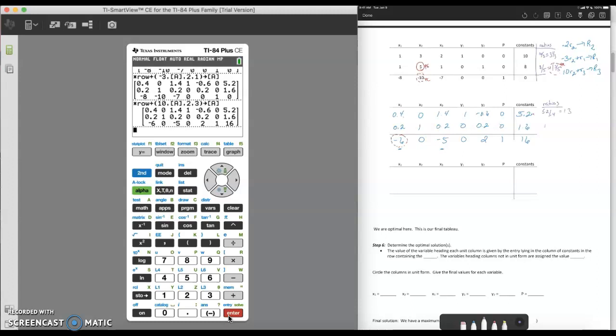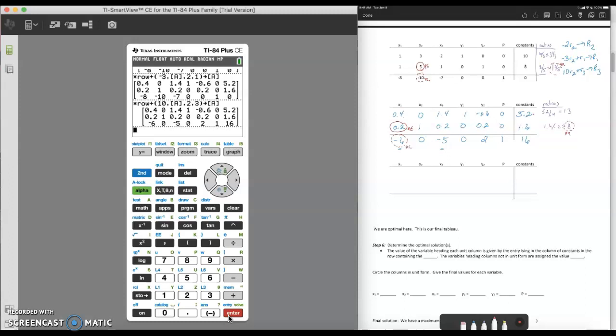And if we take 1.6 divided by 0.2, we get 8. So there is our smallest non-negative entry. Where those two meet is this 0.2, so this is our pivot element. So this was our pivot column and pivot row.